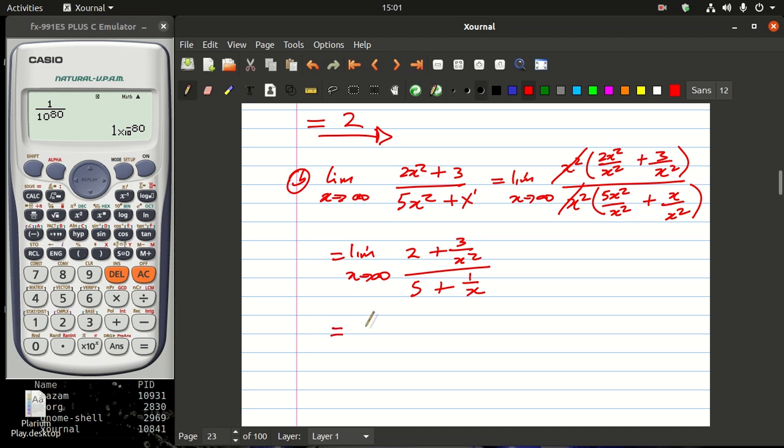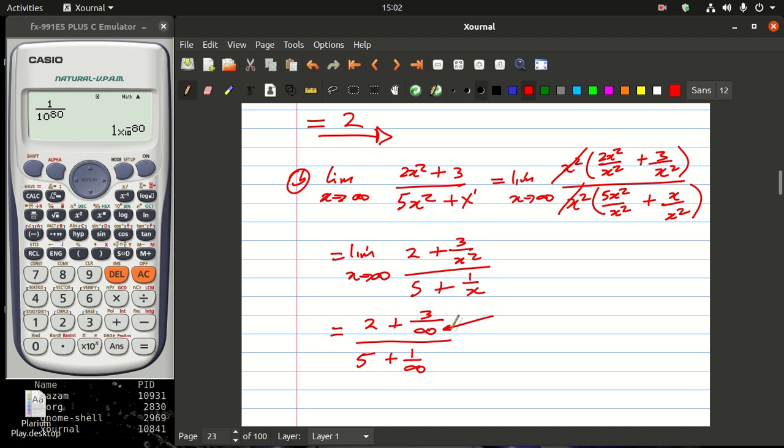And if you proceed here and you are allowed to plug in, you will end up having 2 plus 3 over infinity squared, which is the same as infinity times infinity. And infinity times infinity is just infinity. And then divided by 5 plus 1 over infinity.